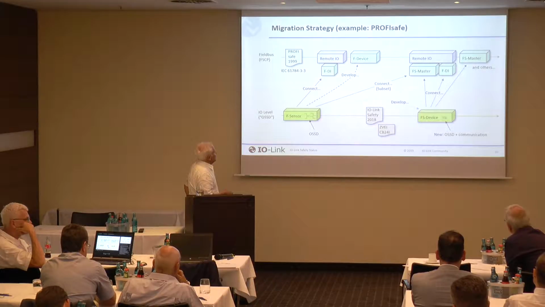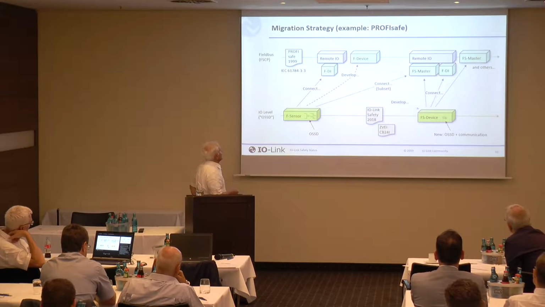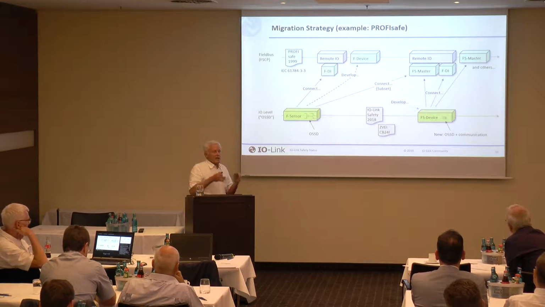Now we have IO-Link Safety 2018 together with the ZVEI guys. Now this guy has two possibilities. He can connect directly to the FS Master because we have a migration strategy.